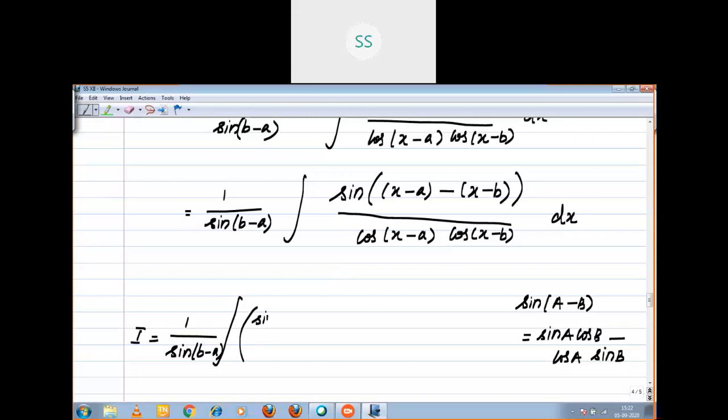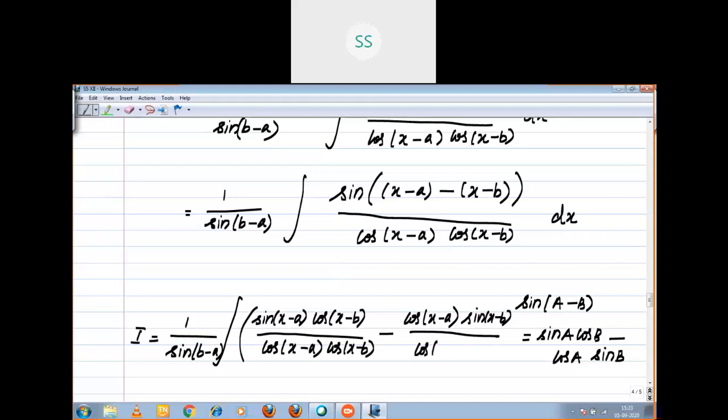You see, sine of x minus a into cos of x minus b divided by cos of x minus a into cos of x minus b, minus cos of x minus a into sine of x minus b divided by cos of x minus a into cos of x minus b. Got it, children? Say yes or no.